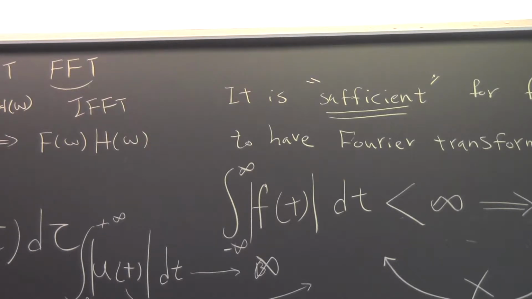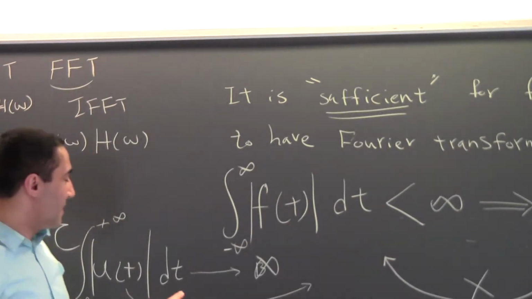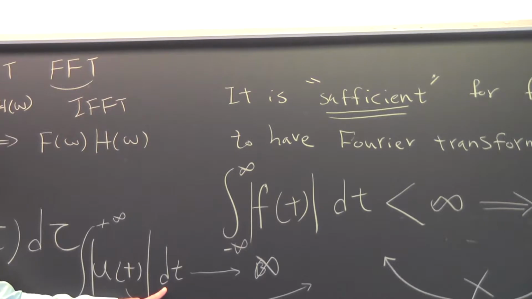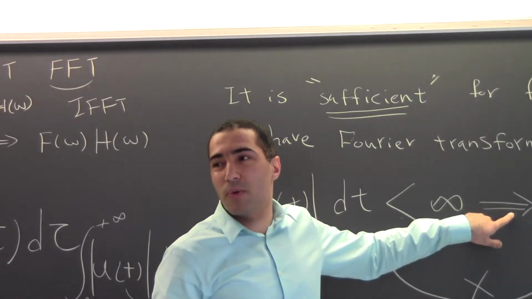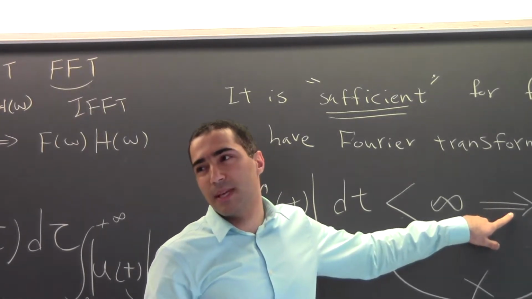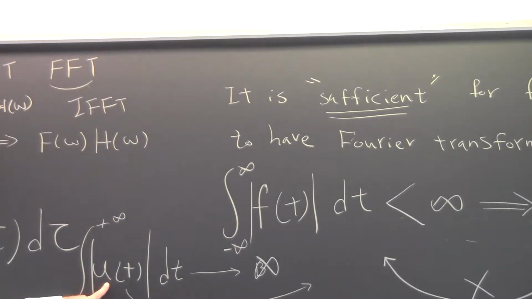Doesn't that imply that it's backwards? If it goes to infinity, the unit step function, then that means the arrow can only go the other way around. We cannot conclude that F(omega) exists or doesn't exist. This condition is not satisfied by u(t), but it doesn't mean that there is no Fourier transform.